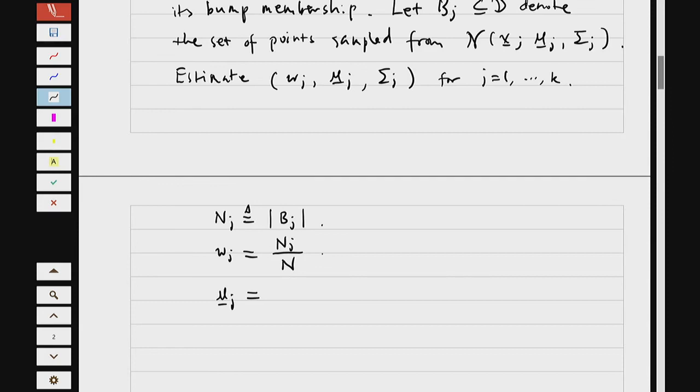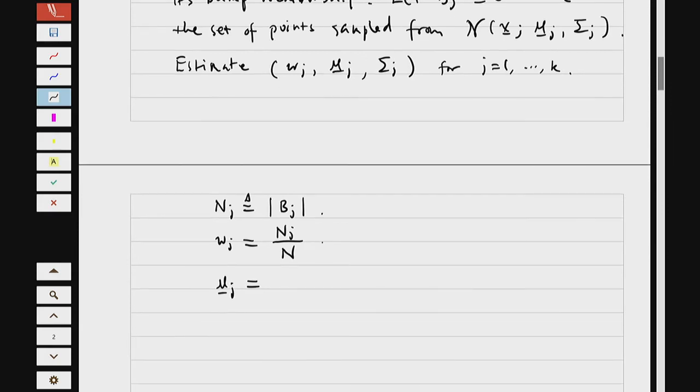To estimate this mean value, whatever points we have, take the average. We have m j points, so 1 over m j, and then sum up all of the x n's that are inside this j-th bump. That's just the so-called sample mean. It's usually a good estimation for the true mean value of a random distribution.